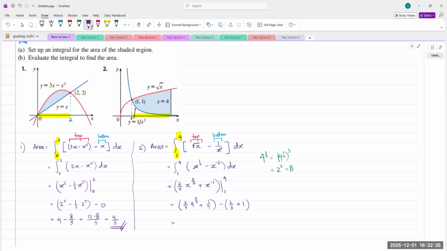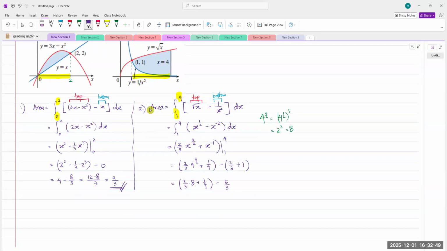Okay, so we get 2 over 3 times 8 plus 1/4, minus 5 over 3. That's 16 over 3 plus 1/4. I hope I don't make a mistake in this computation. Minus 5 over 3. That's 11 over 3 plus 1/4. What is that? 47 over 12.